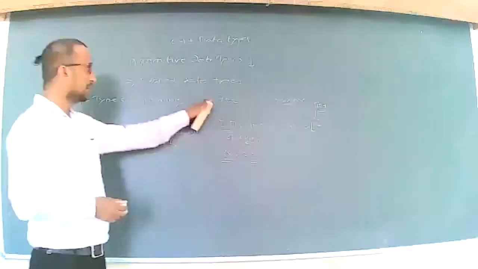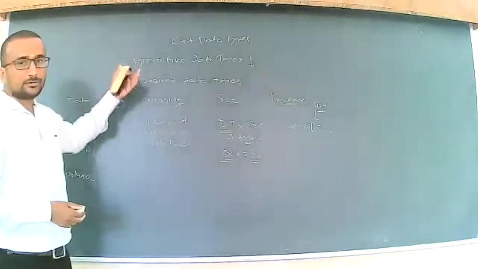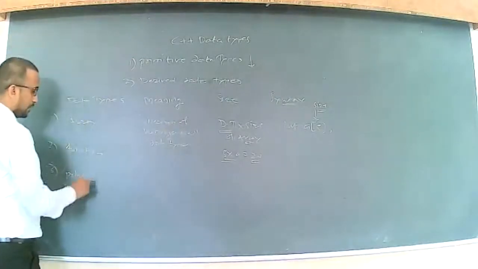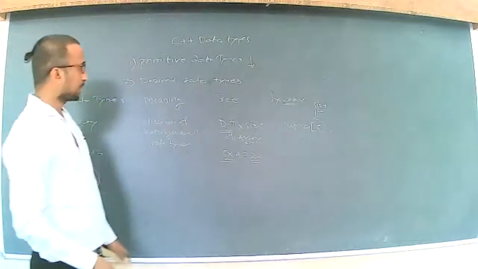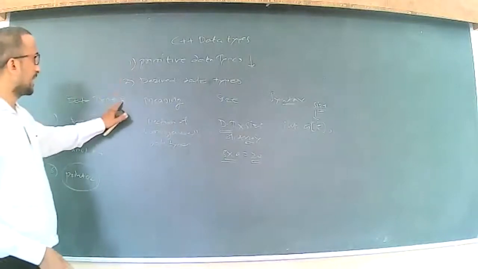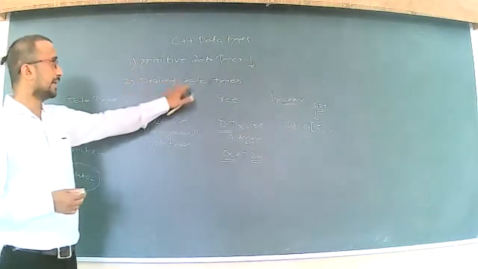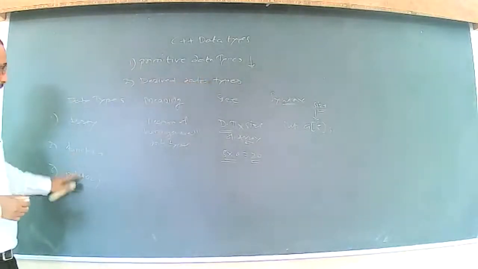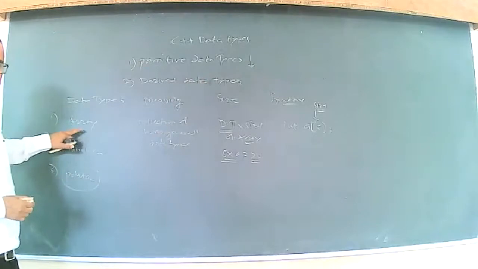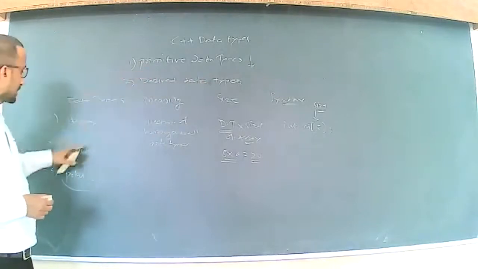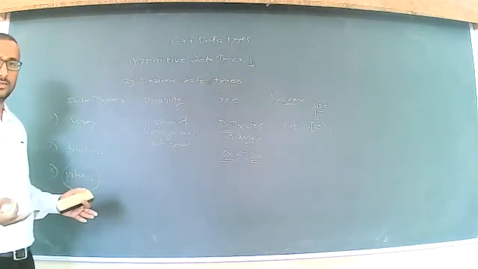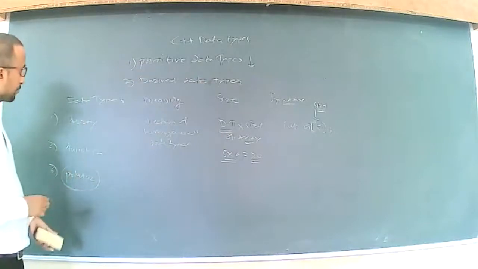Size depends on the primitive data types that you use at the time of creating pointers. Okay, so this is the second type, derived data types: array, function, and pointer. Here, array is very important as a derived data type. Functions and pointers we are also going to discuss in detail in different lectures.